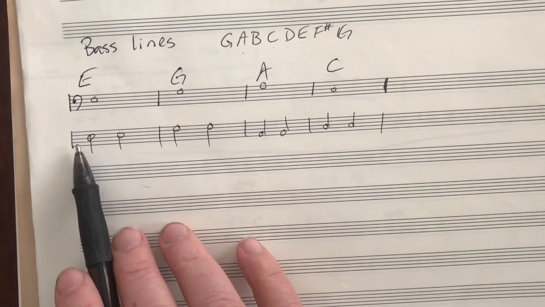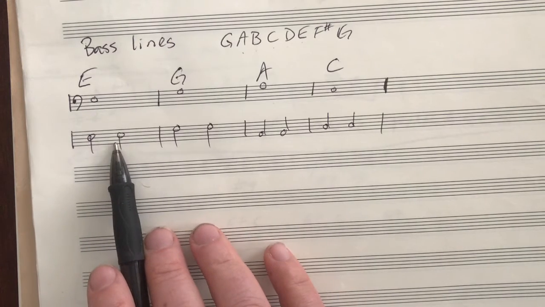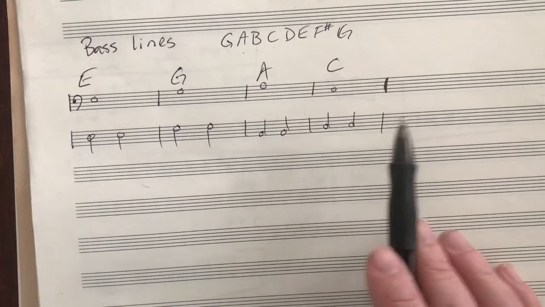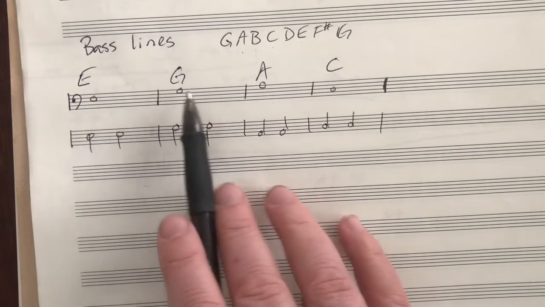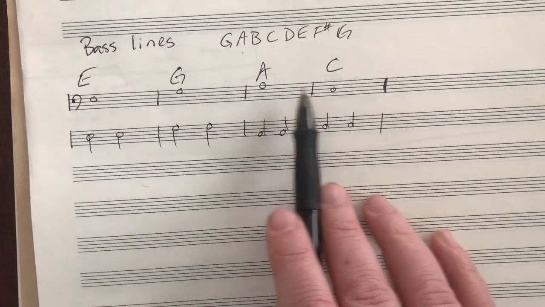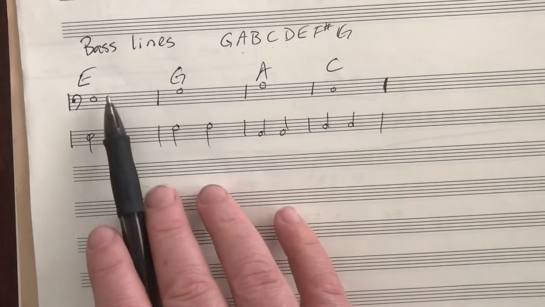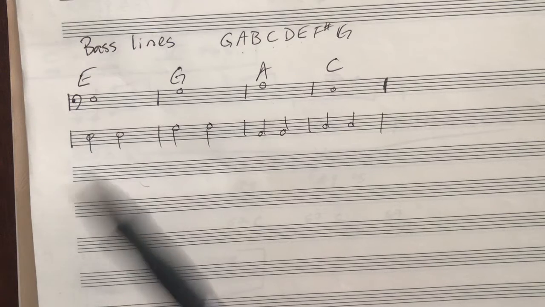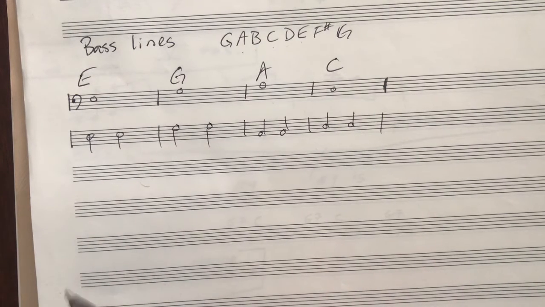So here I have 2 half notes on each bar. So this is going to be slightly more interesting than this. And whole notes can be interesting depending on how you set up your synthesizer and what else is going on. It can create a lot of tension, it can create a lot of interest. But if that's all you're doing in the bass, you're really missing out on an interesting part of your music.